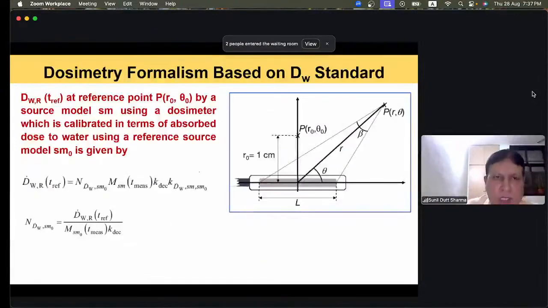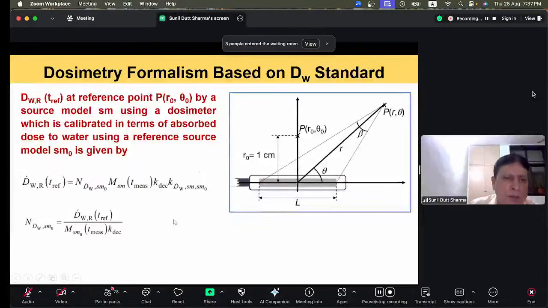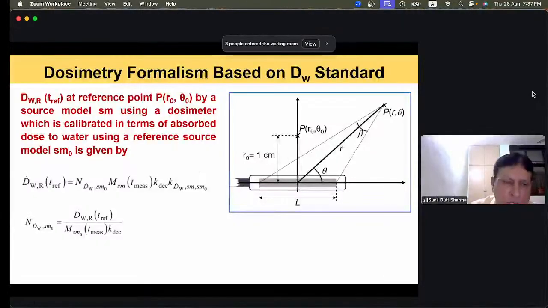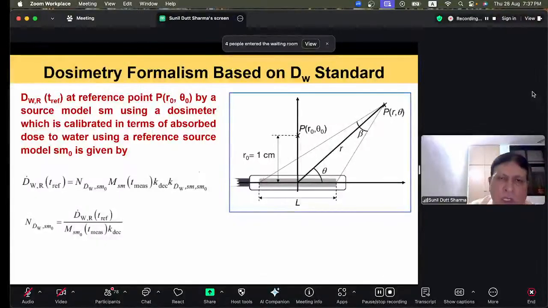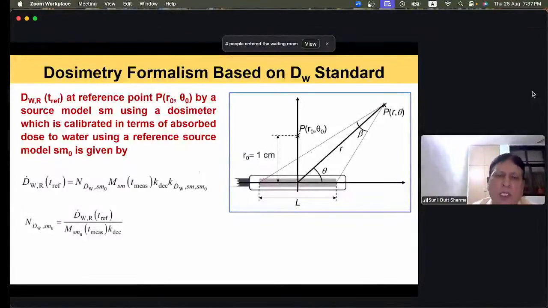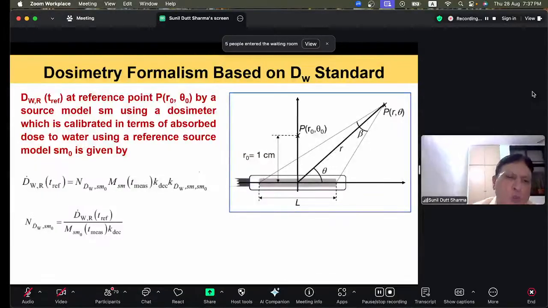Now, for dosimetry of the source, this is for patient dosimetry. Usually you are aware that we require dose rate to water or dose rate to tissue. This is our requirement. In addition, some of the standards laboratories are also providing calibration of the instruments in terms of absorbed dose to water.